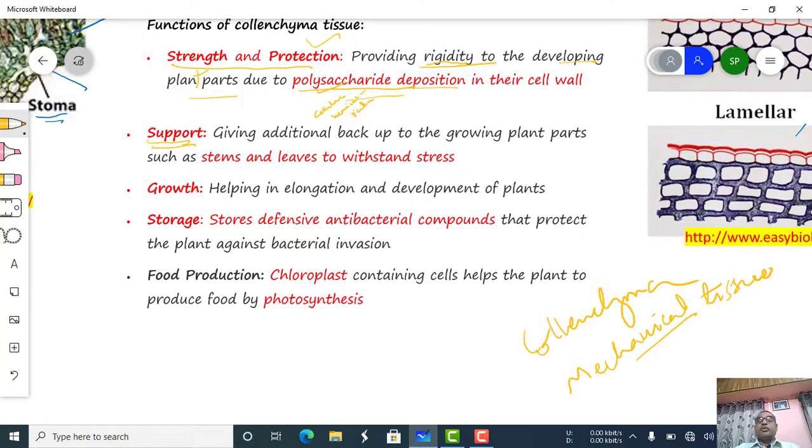Second function is support, giving additional backup to the growing plant parts such as the stem and leaves to withstand stresses. If you see the mechanical tissue system, there are different types of strains and stresses, where I-shaped girders play a very important role. What are the I-shaped girders?